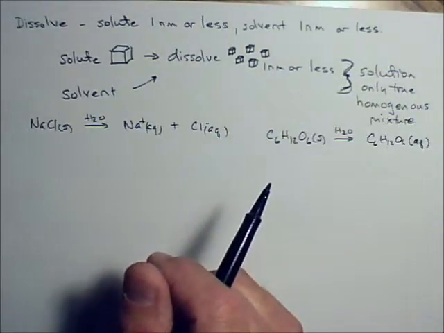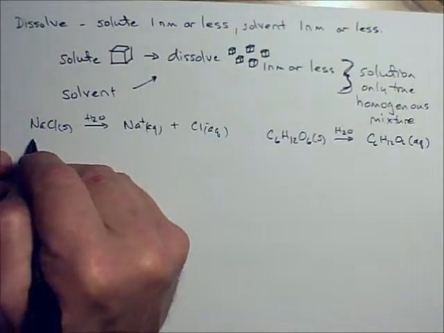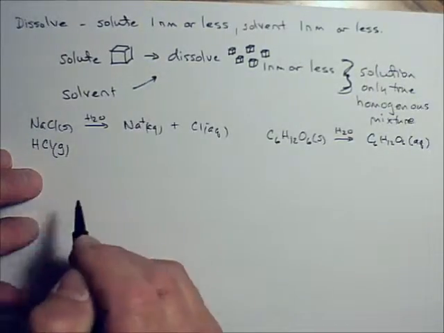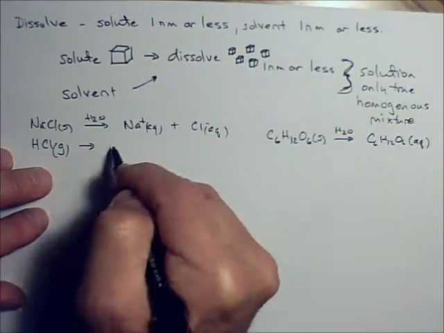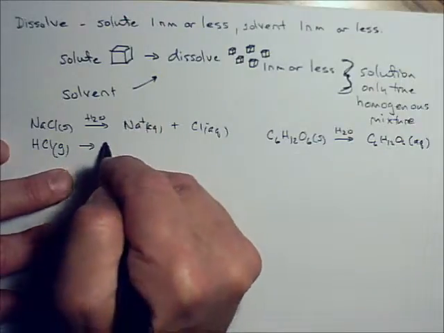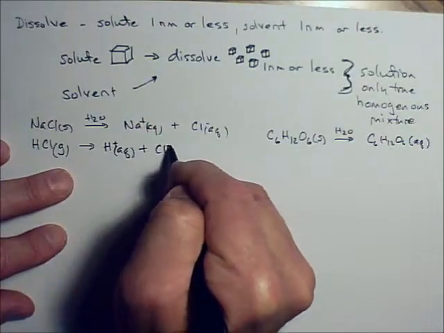Acids, remember, have hydrogen on the front of the formula. So like HCl is an acid. Actually, HCl, before you dissolve it in water, is a gas. But when you dissolve HCl, because it is acidic, then we're going to get hydrogen ions and chloride ions.